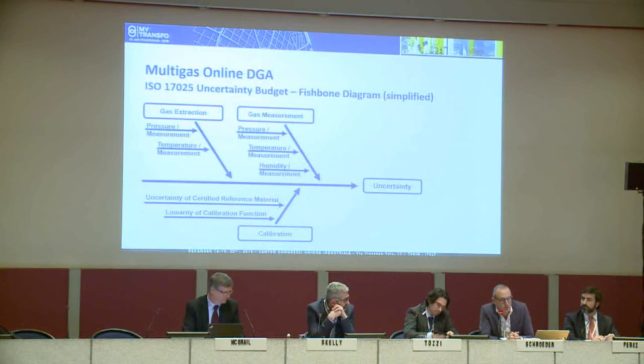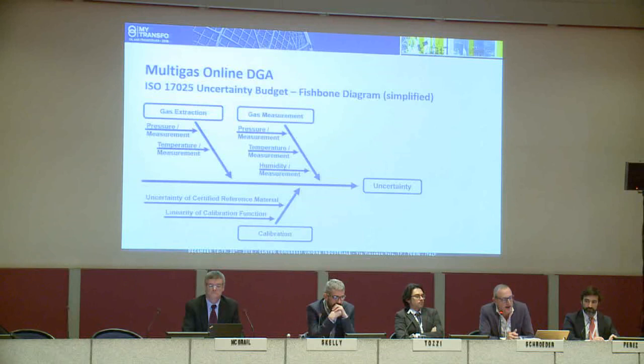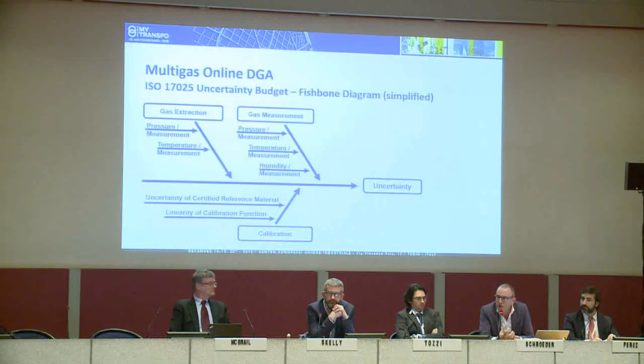When it comes to online DGA, there are a lot of factors impacting the overall uncertainty. And that's not only the gas measurement; it's in particular the gas extraction, and it's also the factory calibration and the uncertainty of the certified reference material which we use for the calibration.